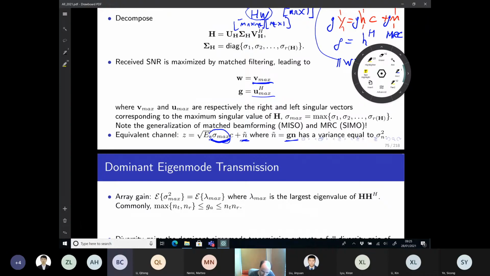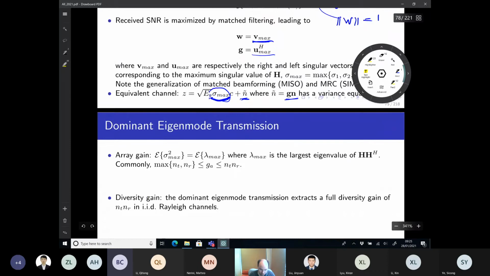This is actually simply your combined noise that has a certain variance as well. What you can show, I will not do that because that requires some more advanced probability, is that this gain, so this dominant eigenvalue, will depend on the statistics, or I would say the distribution, of the channel gains, right?